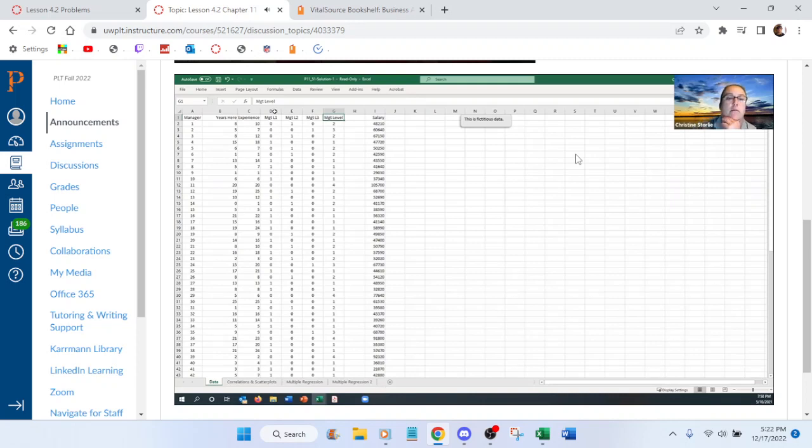So let's say that management level 1 is entry, or frontline, management level 2 is mid, 3 is upper, and management level 4, which I don't have a dummy variable to explain, is the executives. So you'll notice that when we dummy code, I use that if statement, and then I go to the management level that's coded 1 through 4, and if it's equal to 1, a 1 is put here. If it's not, then a 0.